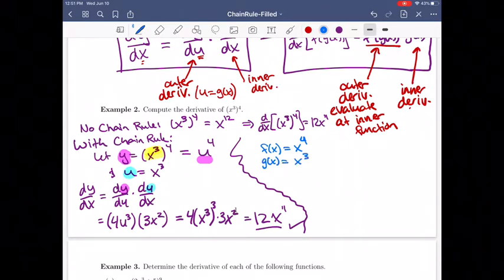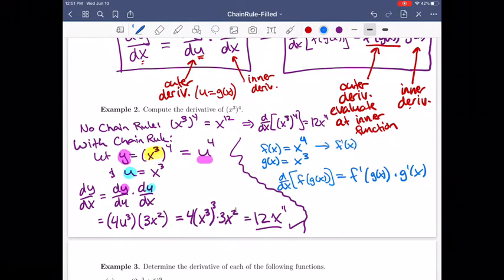So then the derivative of f of g of x is f prime evaluated at g of x times g prime of x. So let's take the regular old f derivative. f's derivative is 4x cubed. The g derivative is 3x squared.